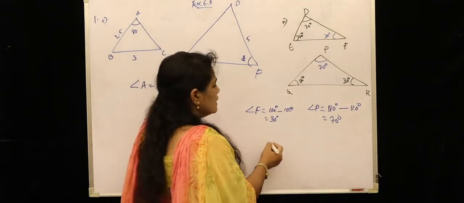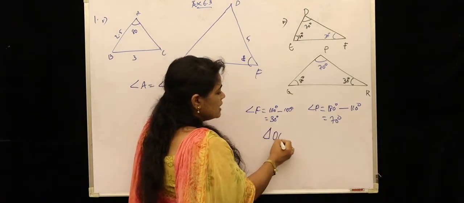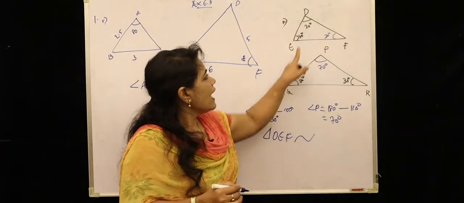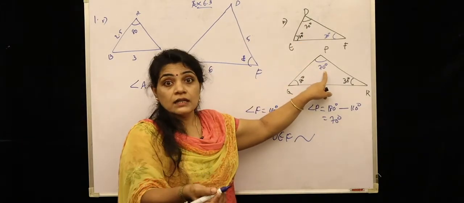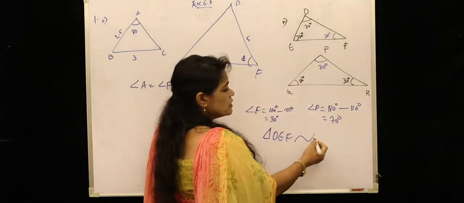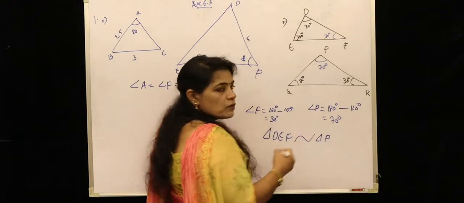So you can write here triangle DEF is similar to, see that angle D is 70 degrees, so that first position will go to angle P, which should come in the first position in triangle PQR.